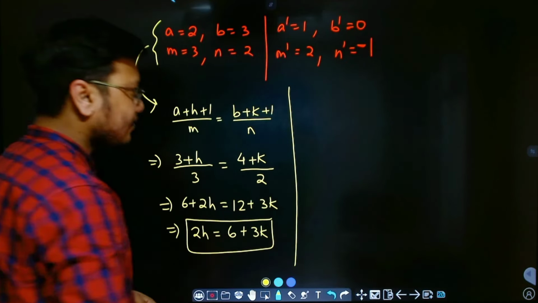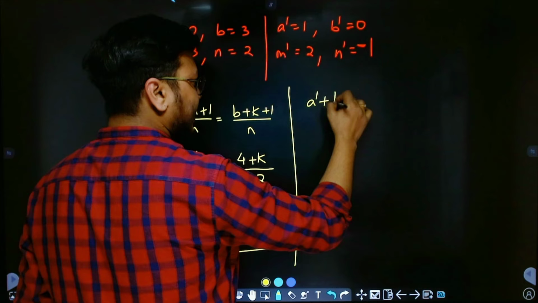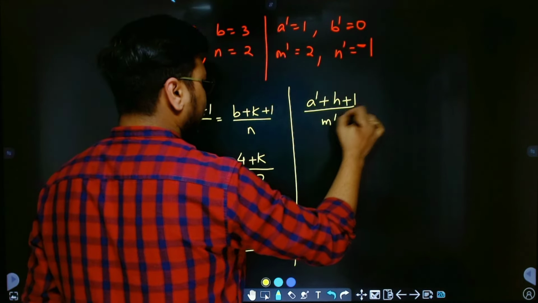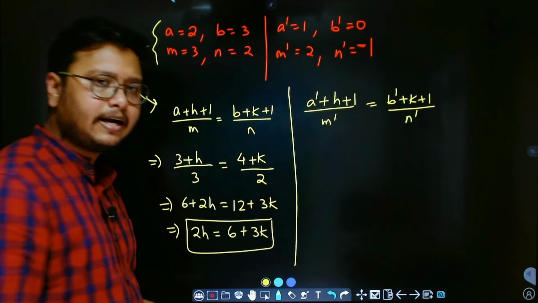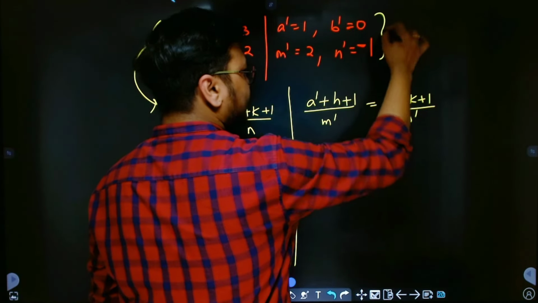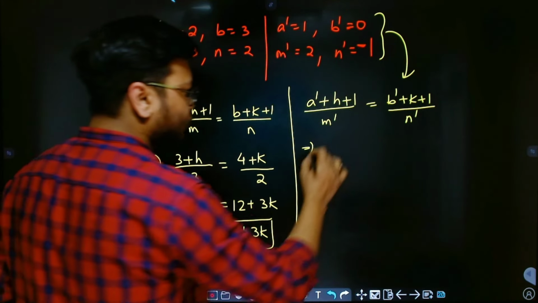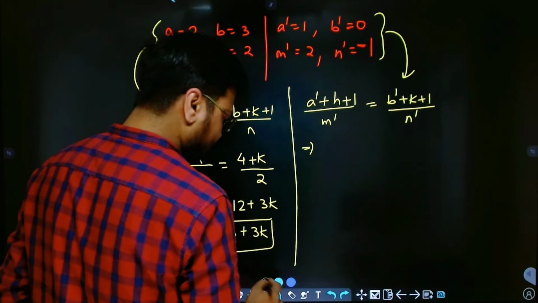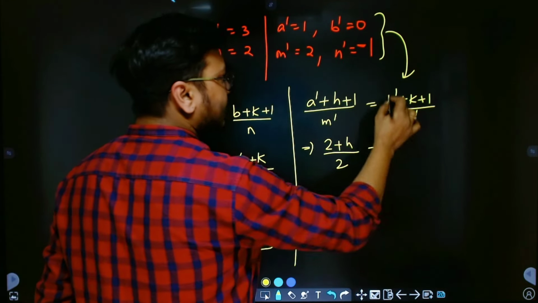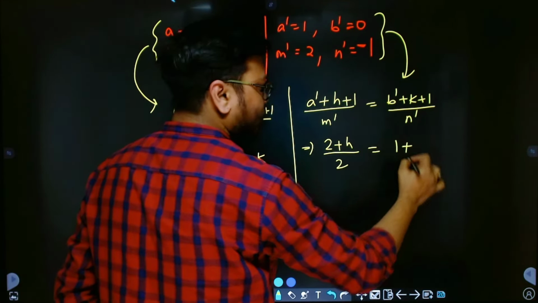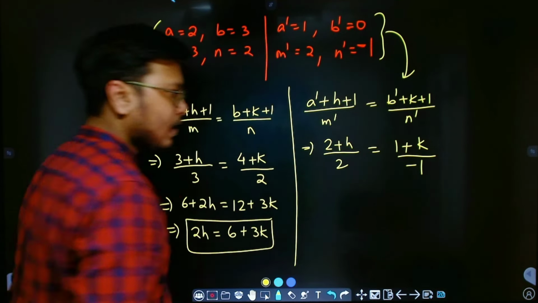Again, we know another equation is going to be just a similar looking one with the dash terms: (a dash plus h plus 1) by m dash equals (b dash plus k plus 1) by n dash, right? So again, I'm going to plug in these values over here. A dash is 1, so 1 plus 1, that's 2, so that's (2 plus h) by m dash, that's 2, equals, b dash is 0, so 0 plus 1 is 1, plus k, which is unknown, by n dash, which is minus 1, right?